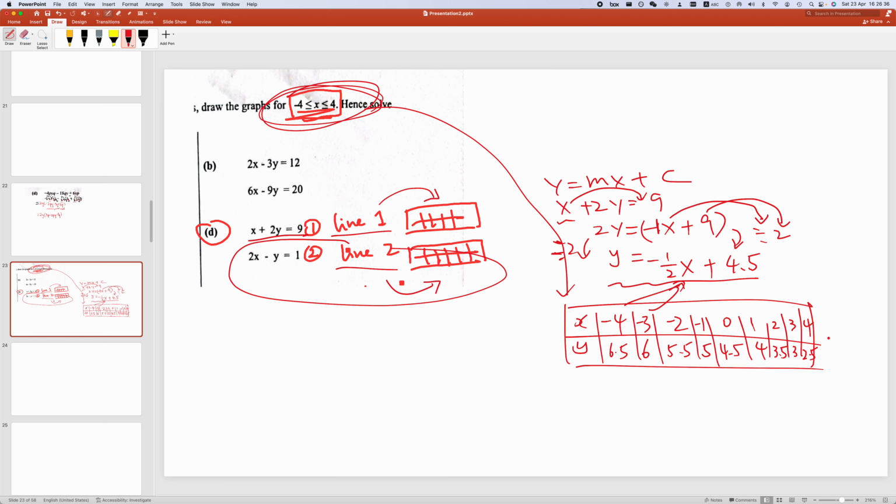Okay, if this is the 0, where's 1? You want to make 1 so small? Or you want to give it more? So you want the 1 to be here. If your 1 is here, 2, 3, 4, 5, 6. So the 6 is here.